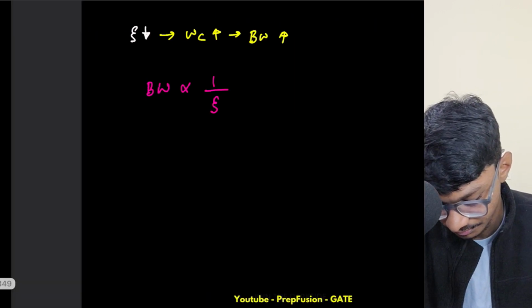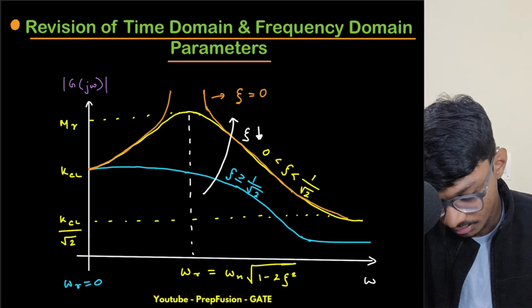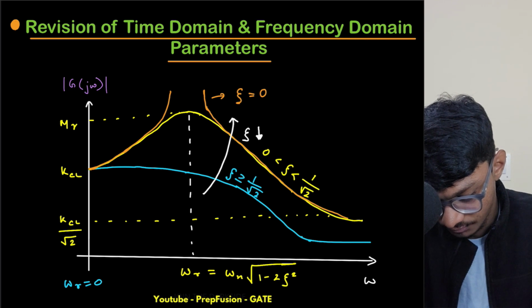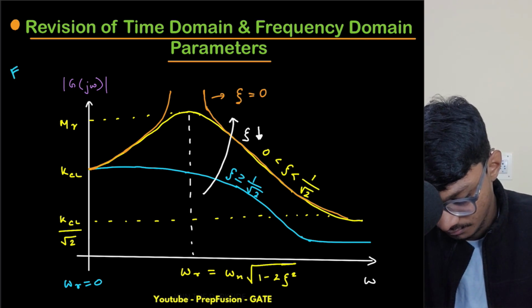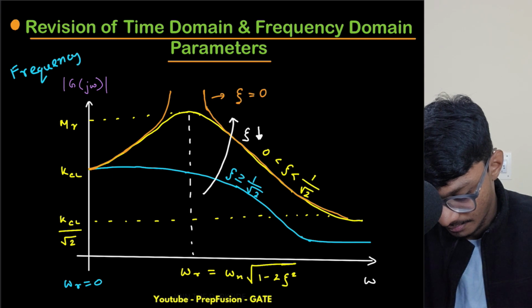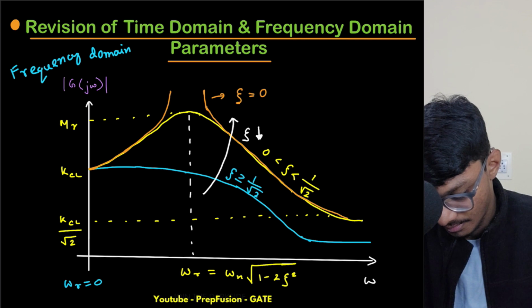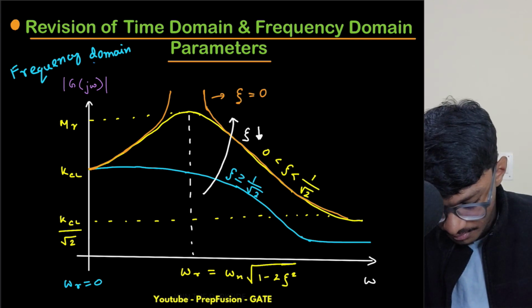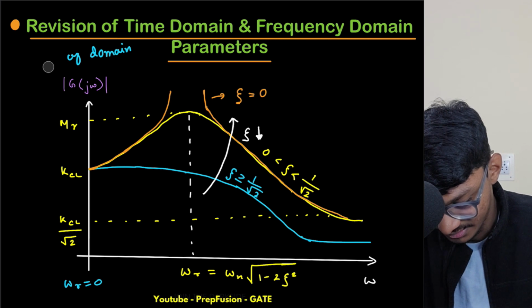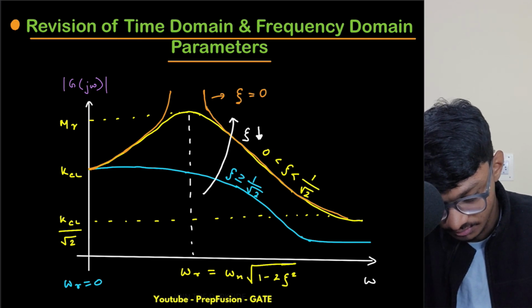So let me write here. So these are the frequency domain parameters. Okay, I can't write. That is unfortunate. Let me write it in like.